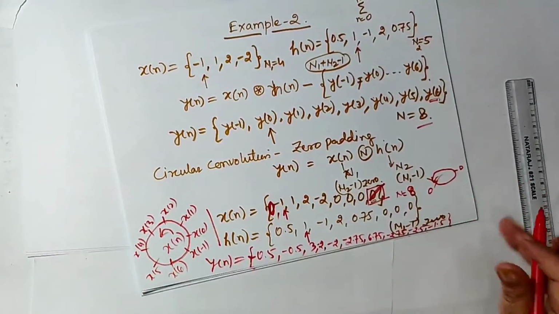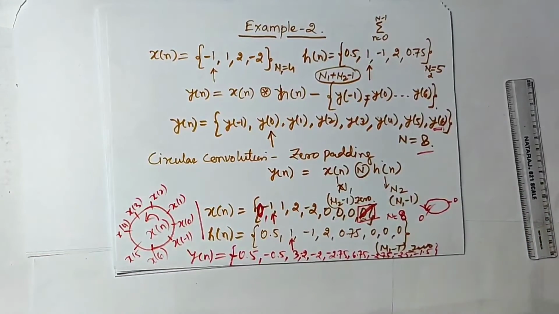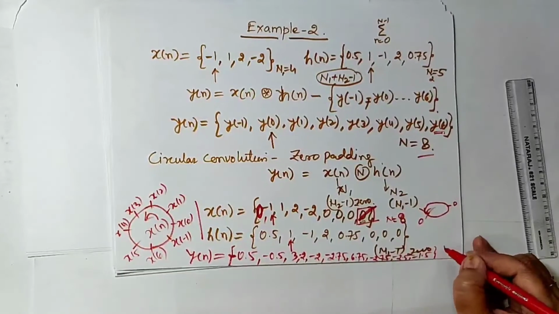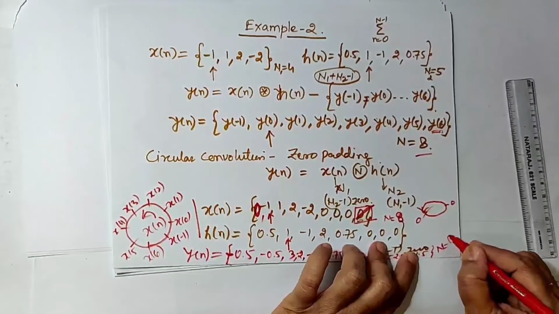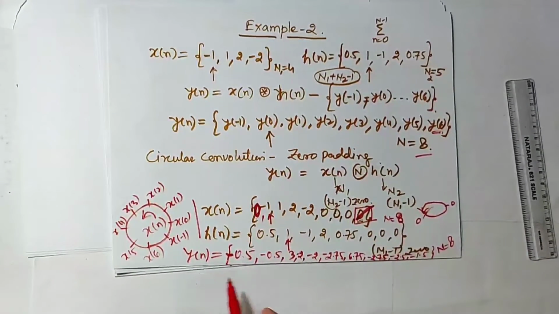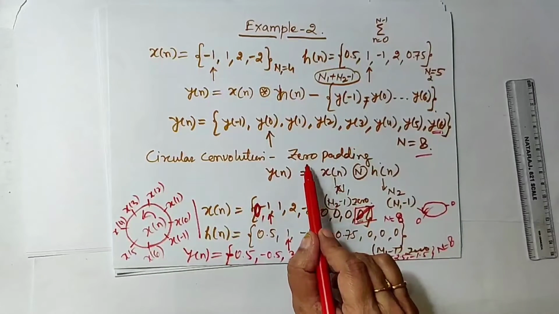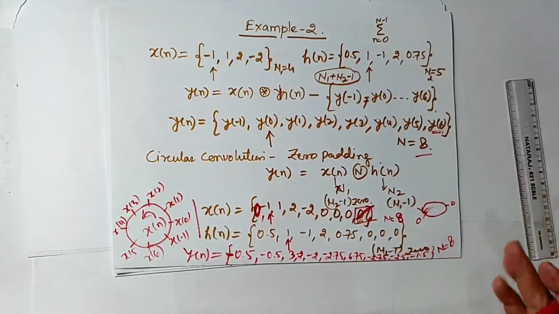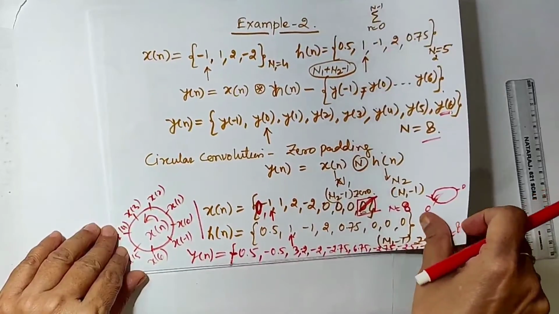I think I'm not changing the page. So this is okay. This is a minus value. This is the answer. See, it is n equal to 8. This is the result of circular convolution by using linear filtering, where we have one of the sequences not starting with origin.